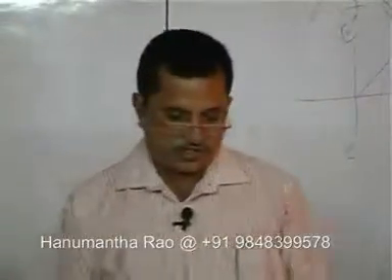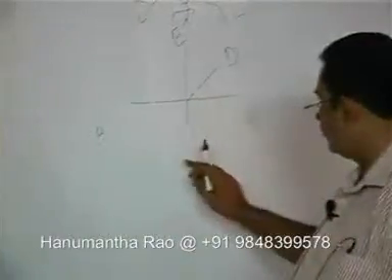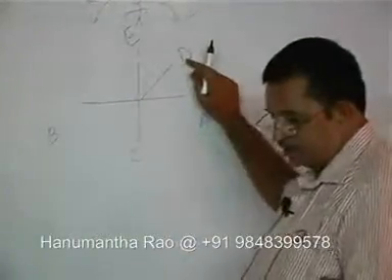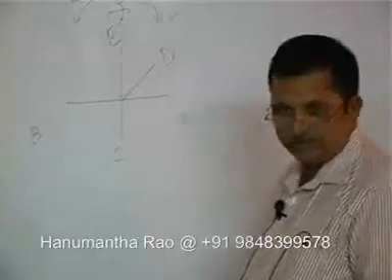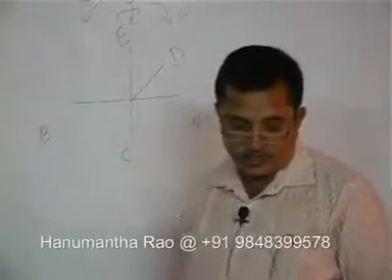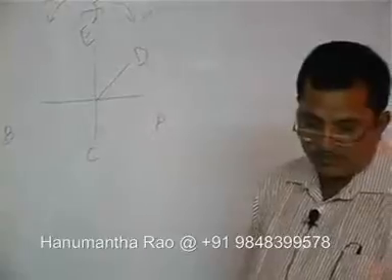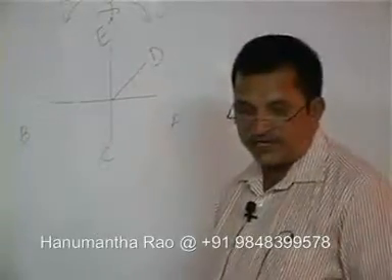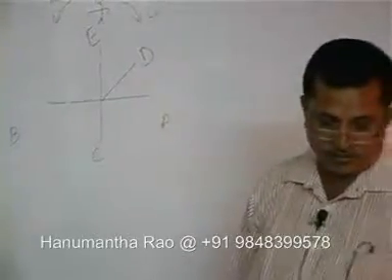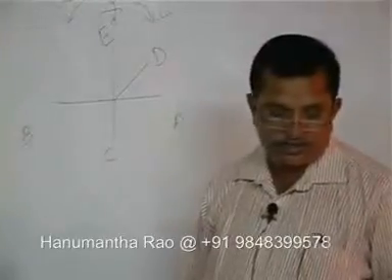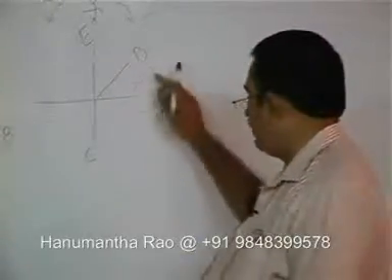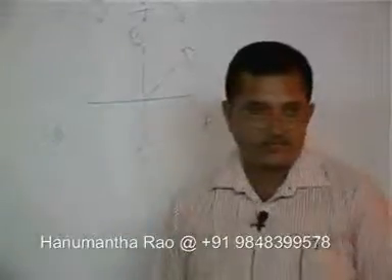What is the position of D? Third to the right of B. B, 1, 2, 3, third to the right of B is correct. And question number 10, which of the following is a true statement? D is between A and E. D is between A and E is correct.